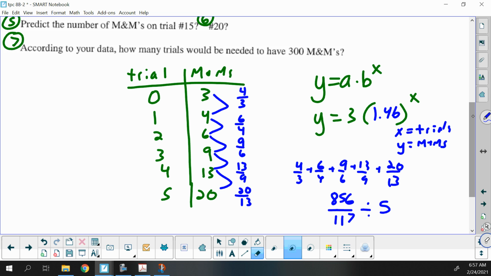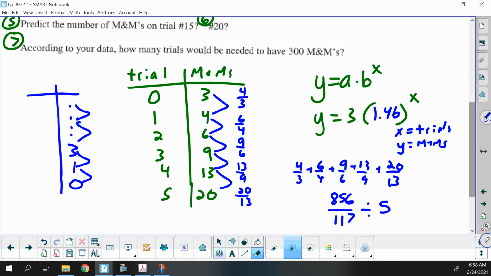Now, when you get to this for experiment 2, keep in mind we went all the way down to 0 eventually. So when you do your successive ratios, normally an exponential function doesn't go down to 0.